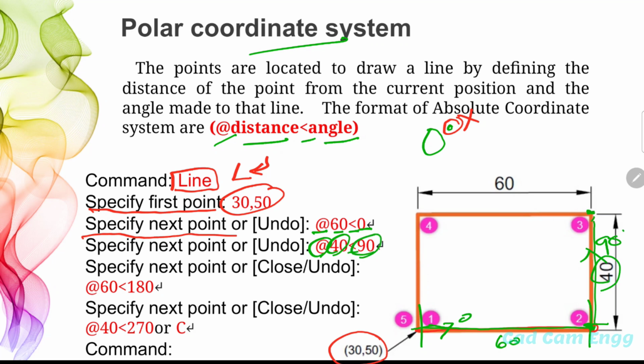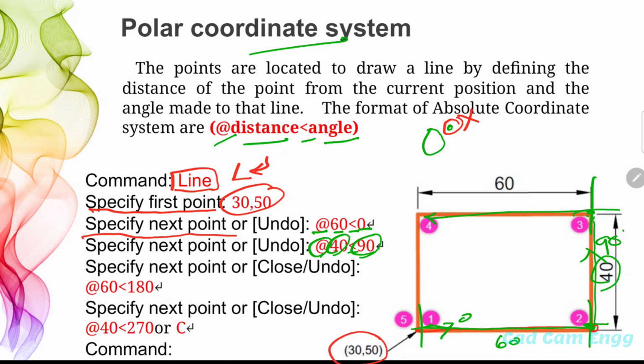Again, to travel from the third point to the fourth point, here you don't need to use a minus sign. In the polar coordinate system we don't need minus signs because we are using the angle. For 360 degrees we have only plus values.